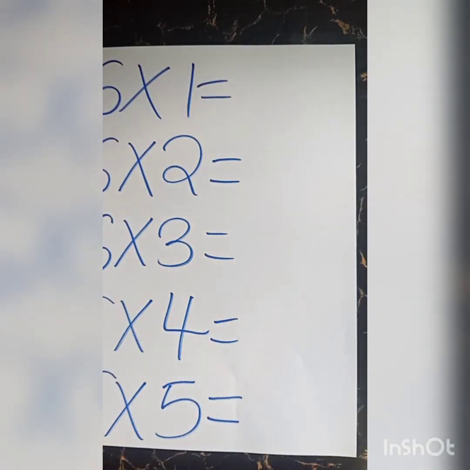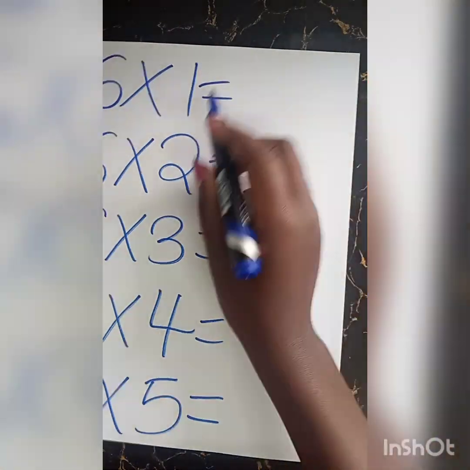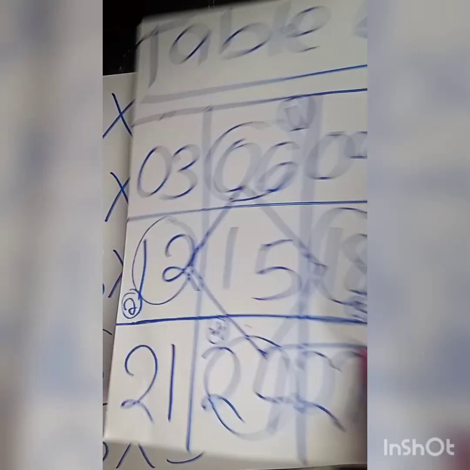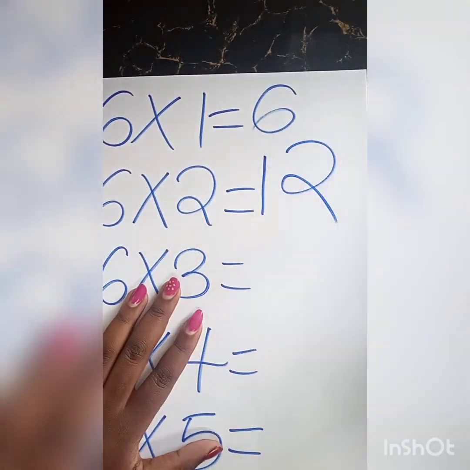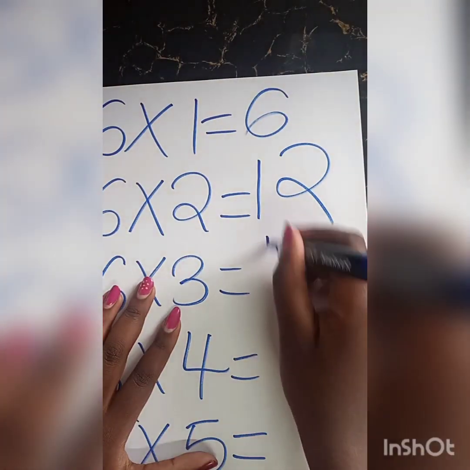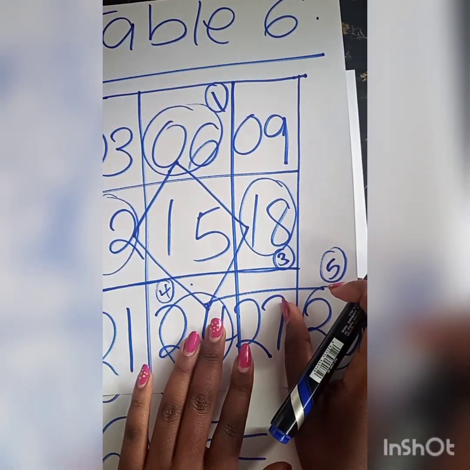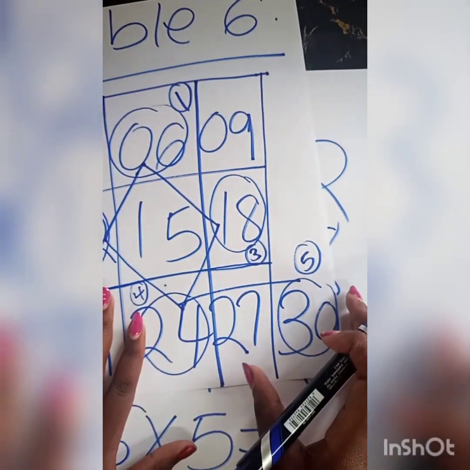So 6 times 1 is 6. 6 times 2 is 12. 6 times 3 is 18. Are we together? 6 times 4 is 24. 6 times 5 is 30.